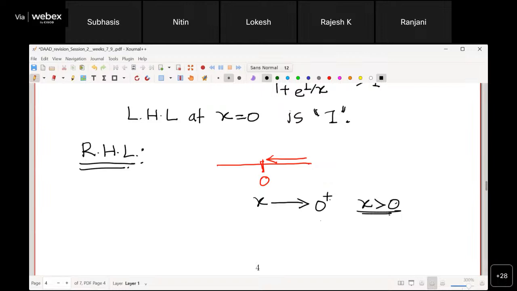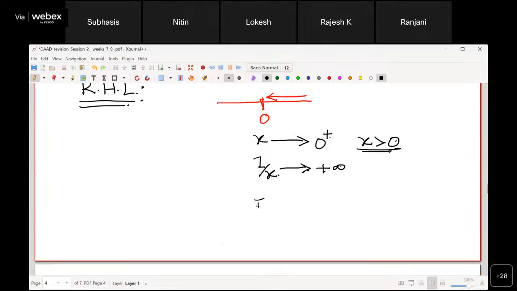If we are coming to 0 from the right hand side, can you tell me where this 1 by x will go? Plus infinity. Correct. So e power 1 by x will go towards infinity. Then 1 plus e power 1 by x will go towards plus infinity as well.